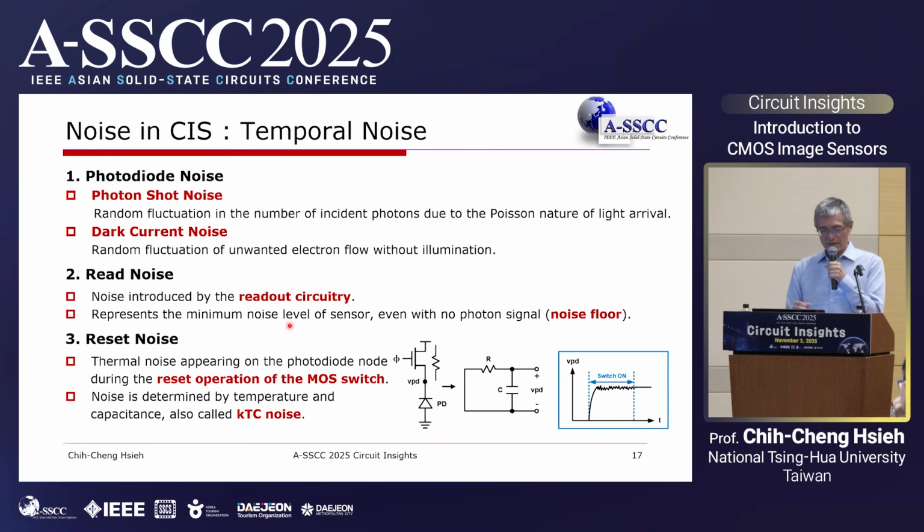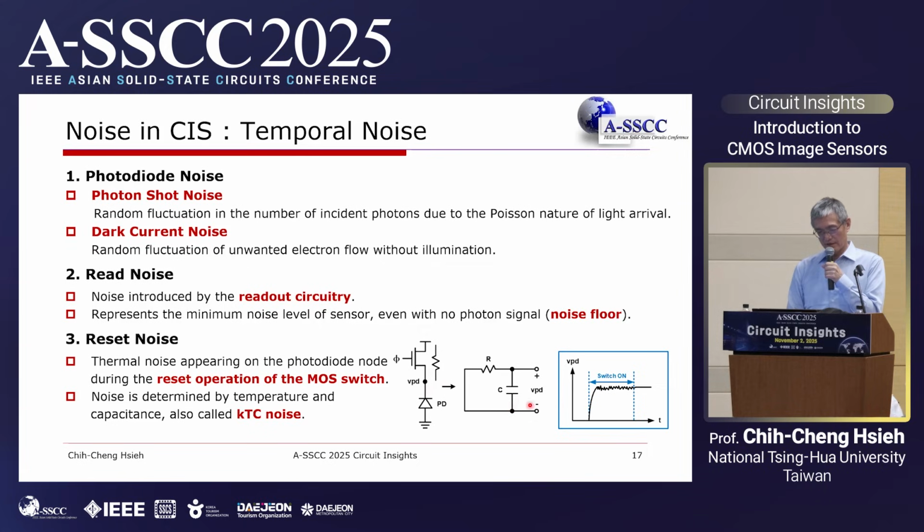And for sensor operation, there is a specific behavior. We need to do the reset. It's like the shutter. We need to do an initialization for sensor exposure. Usually we use a switch to force a specific voltage to implement the beginning point of the exposure. And we all learned about the circuit. We know that when you implement a switch plus a capacitor like this one, you will get the kTC noise.